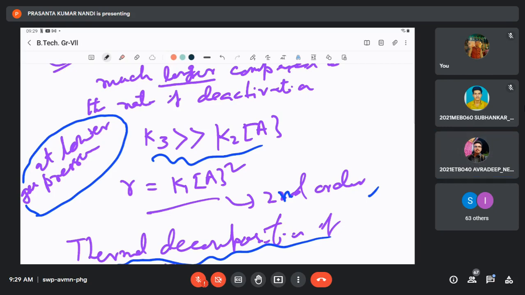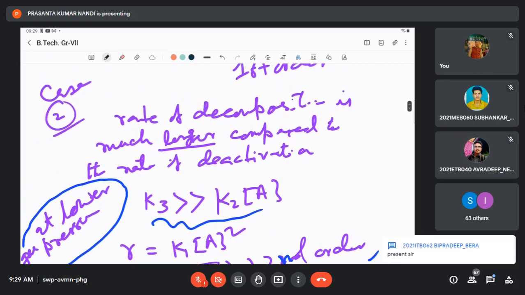Yes, in case 2, if we keep the concentration of reactant species very low, that means if the pressure of the reaction vessel is maintained at a lower pressure, then the activated species cannot easily collide with its surrounding molecules, because of the lower concentration, since the density is less.